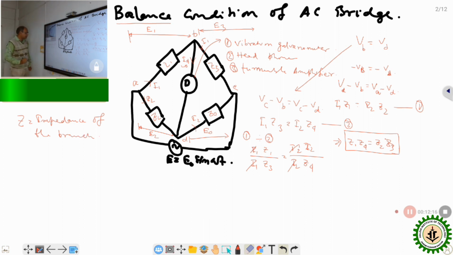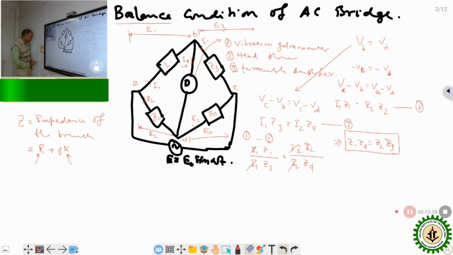So Z has two parts, the real part and the imaginary part. You can simply write it as R plus jX. This R is nothing but the resistance and this is the reactance part.